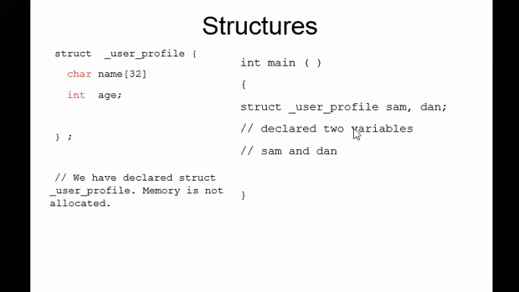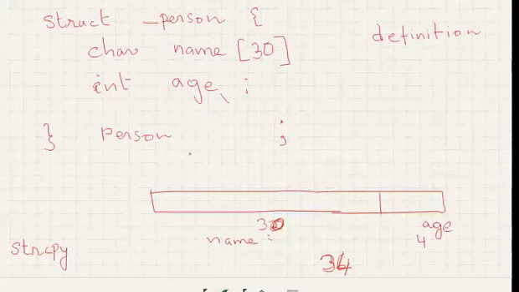There's an alternate way to declare variables using structures. Here we have not defined the variable along with the definition. We have separated those two things. We kept the definition separate and the declaration separate, right? So in this case, now how do we do that?